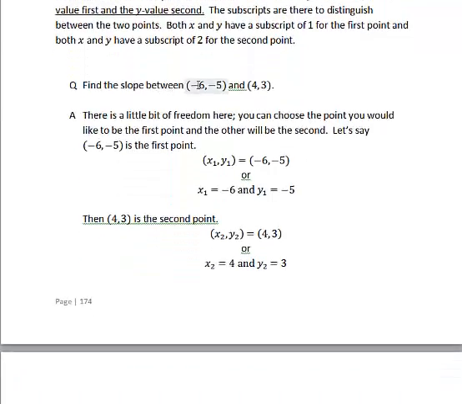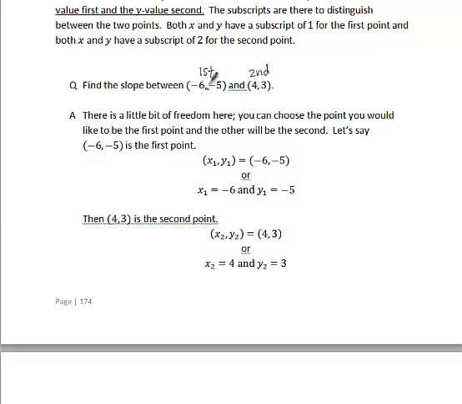So here they have given us 2 points, and it actually doesn't matter which one you call the first and the second when calculating the slope. So I could call this the first one and this the second. And usually you orient yourself from left to right.